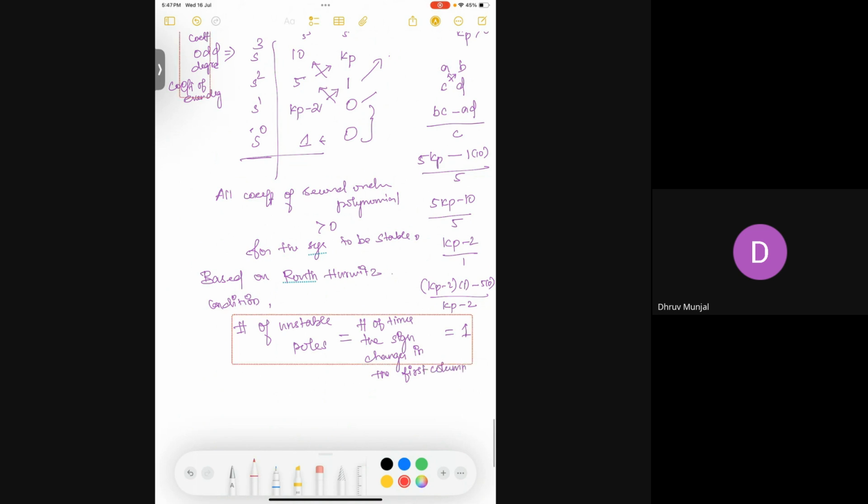This is the first column. So it is saying if the sign in that column changes, then the system is unstable.